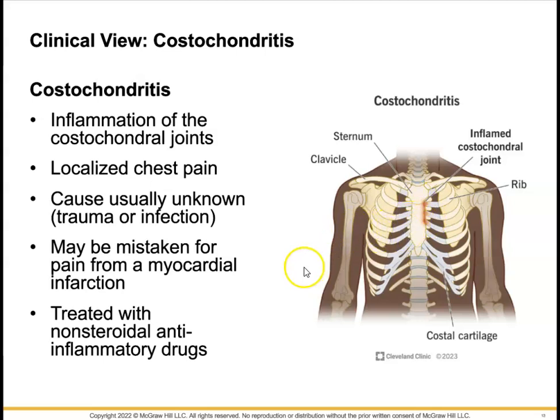Now, this usually does not have a known cause, but commonly it is just some sort of trauma or an infection. Now, this can be mistaken for a myocardial infarction, which is the science name, anatomical name, right? Medical name, take your pick, for a heart attack.